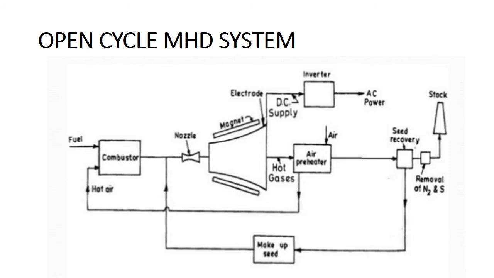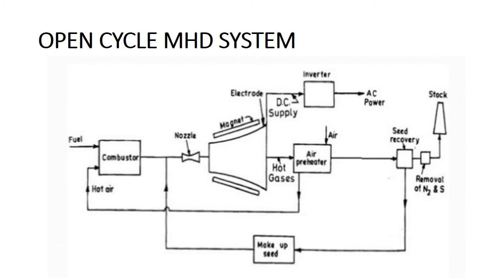And the hot gases coming out of this MHD generator, or the exhaust gases from the MHD duct, are used in an air preheater to heat the air. There is an air preheater, and the air which we give to the air preheater gets heated using these hot gases.